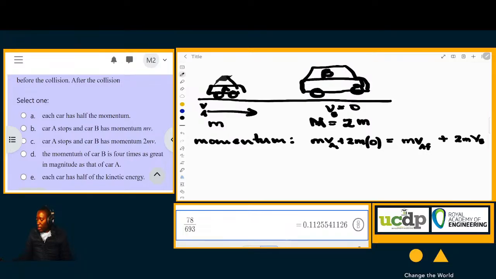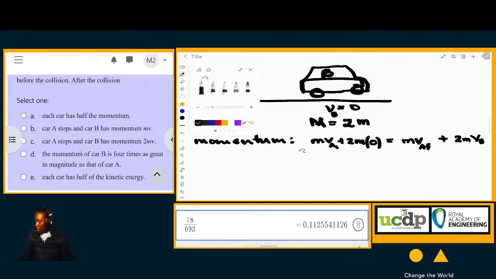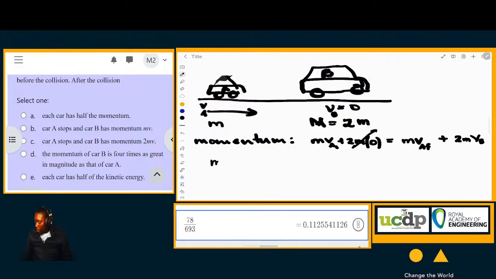Simplifying this, let me make it nicer, gives us m times VA initial equals m times VA final plus 2m times VB final.